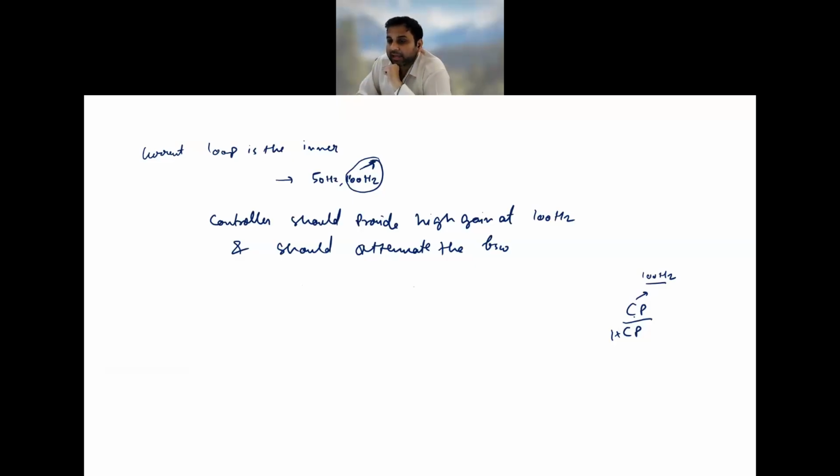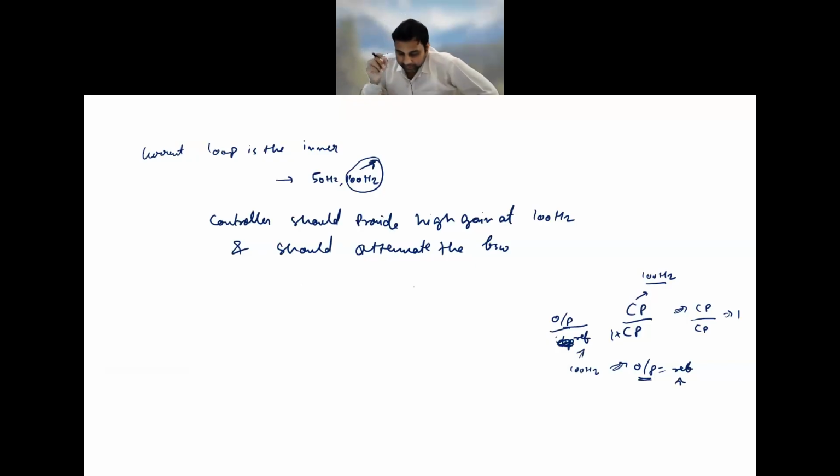If you provide a very high gain, this will go to CP by CP, which is nothing but 1, which is your output by reference. Because your reference has 100 hertz, you can ensure that your output is equal to the reference, and so your output will also follow that 100 hertz component.